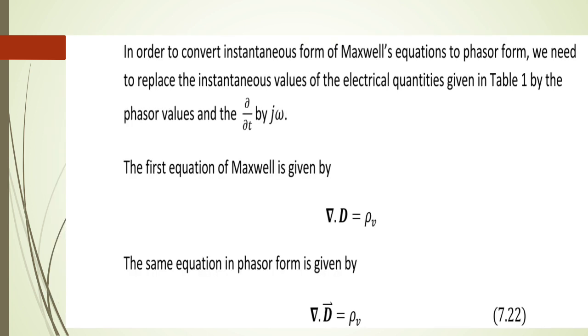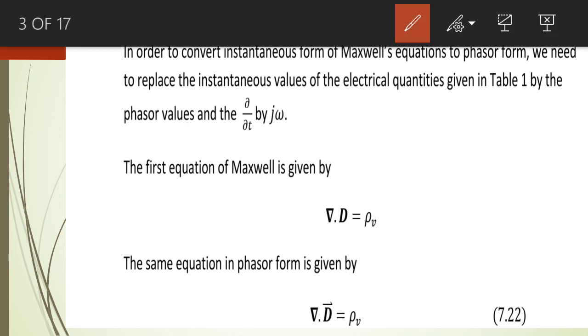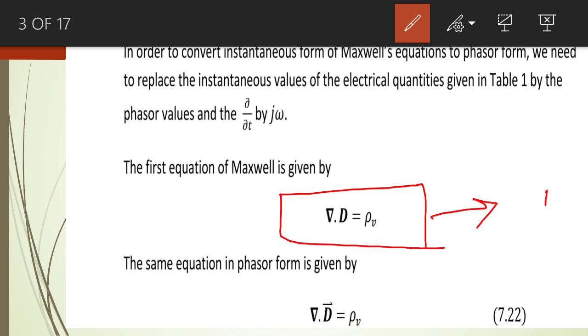So we consider the first equation of Maxwell. Here is the first equation of Maxwell. That is, the divergence of the electric flux density is equal to rho v. And what is rho v? Rho v is known as volume charge density.